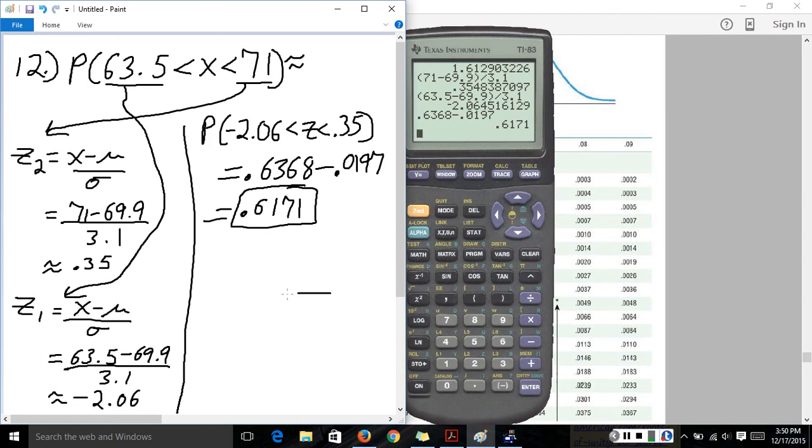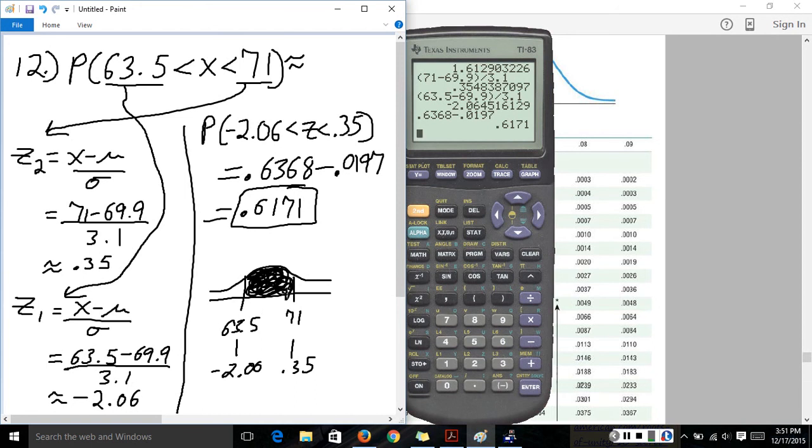And what happened there is I have my non-standard normal distribution, and I'm finding the area between 63.5 and 71. Well, if I look on the other scale, the standard normal scale, z-score scale, that area is going to be the same as the area between the z-score negative 2.06 and 0.35.